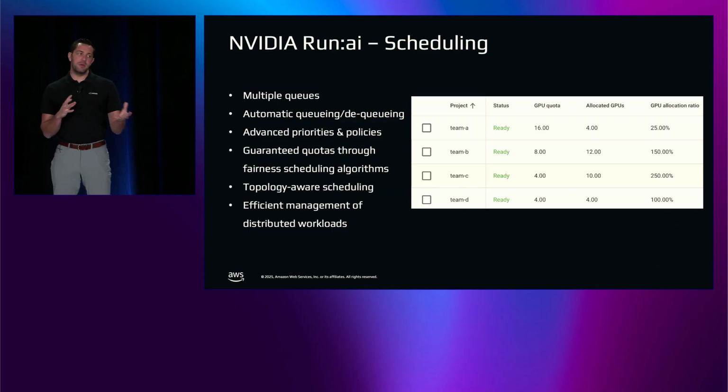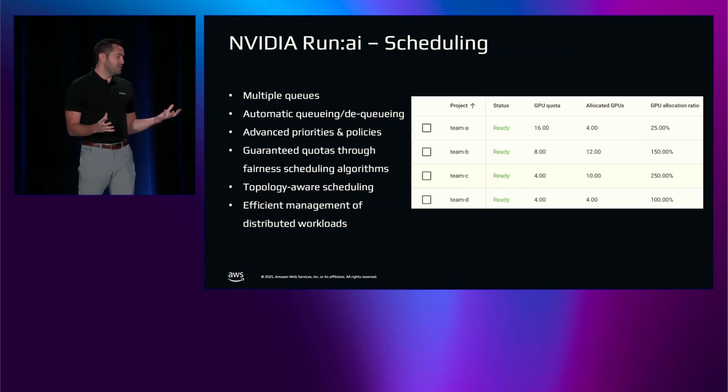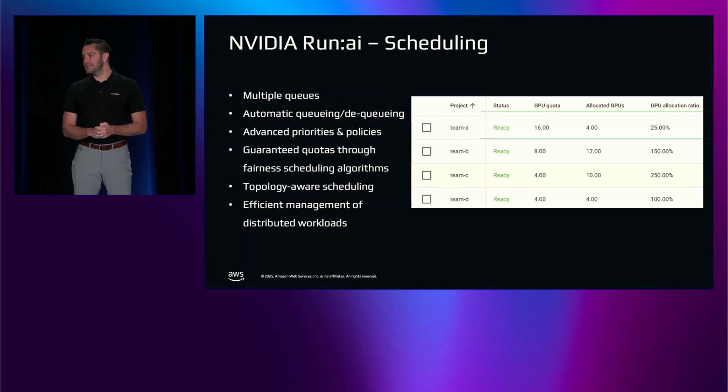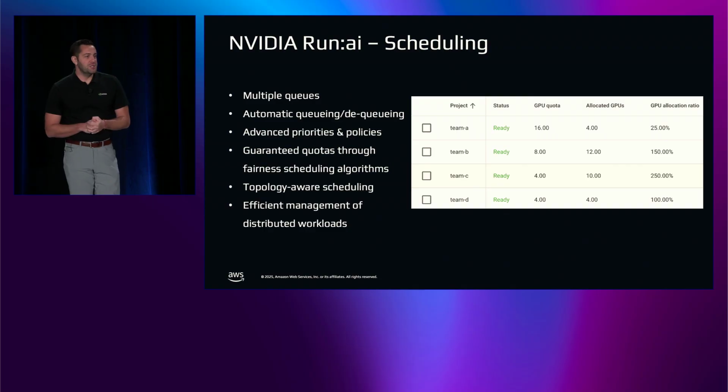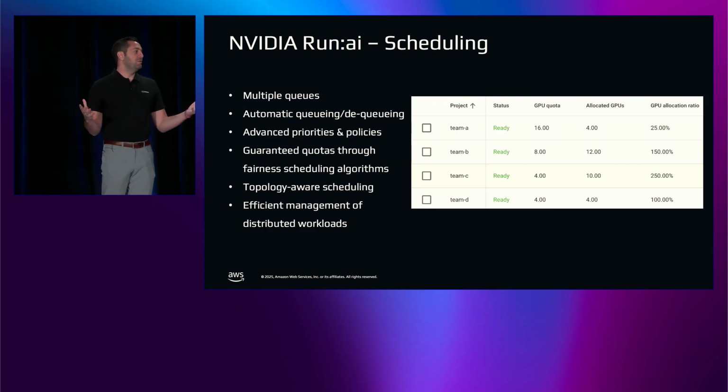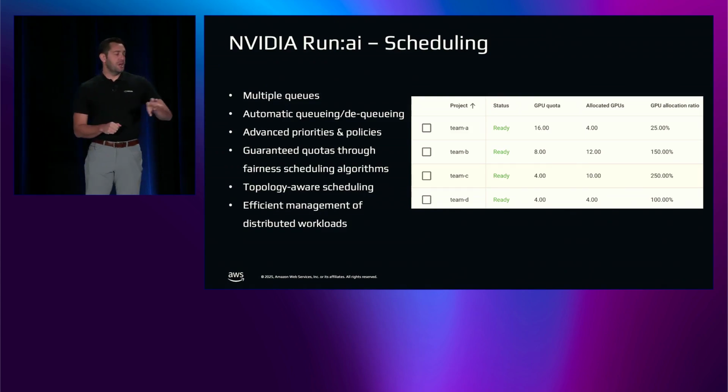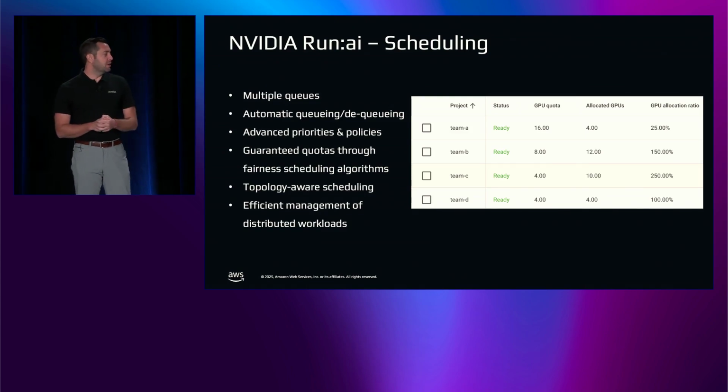And this changes a few things. We all know developers are worried about getting access to GPUs, right? And they know if they need to run some code on GPUs at any point in time, they're going to go and try and grab whatever GPU they have available, and they may not be ready to even run their code at that point. So what this scheduling and guaranteed quota does is it changes that mindset.